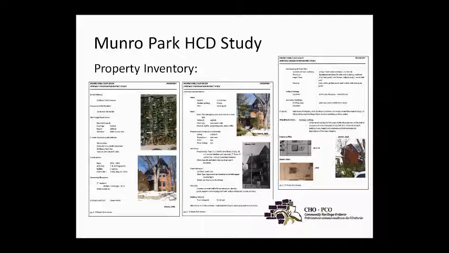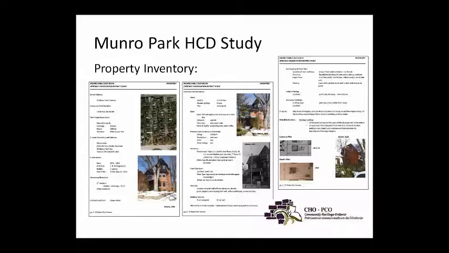And this is an example of the property inventory that was done for each property within that Heritage Conservation District study. So it went through some very simple things like the municipal address, the assessment roll number, the short legal description, into the construction, when it was built, whether there was an architect or a builder involved, what the architectural style is, the massing, and all those other criteria that I mentioned, the roof shape, the predominant construction material.